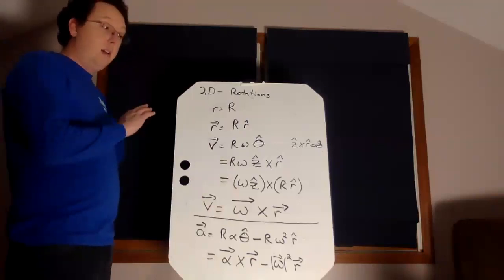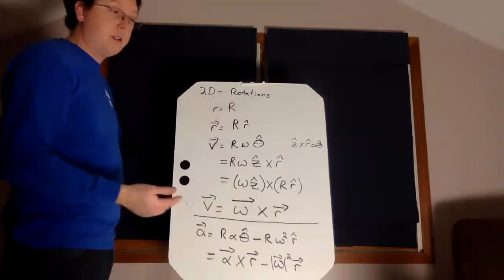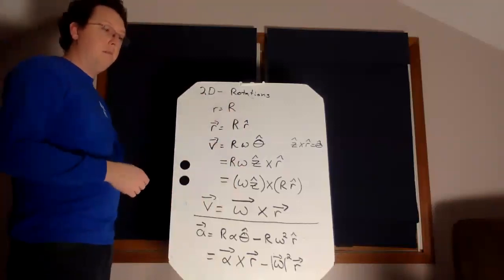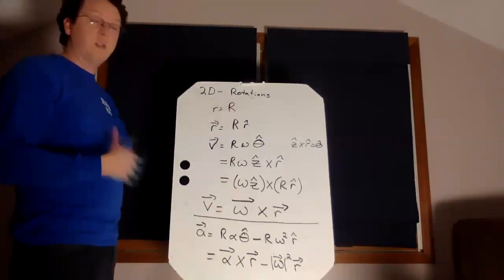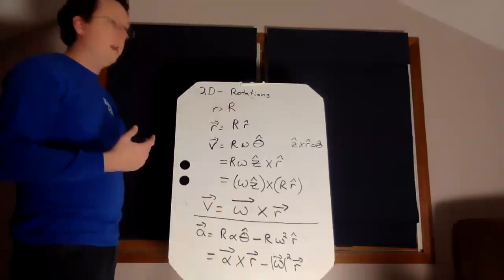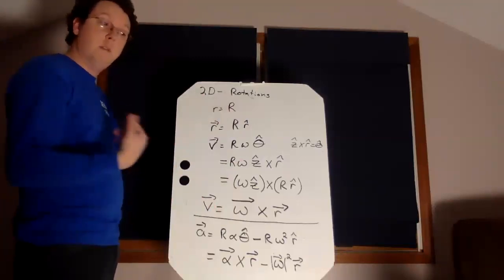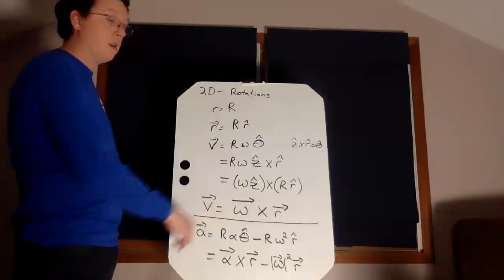Okay. That being said, we're going to move on next to talk about dynamics of rotational problems, which means things like torque and angular momentum associated with rotations. And those are also going to have cross products involved.